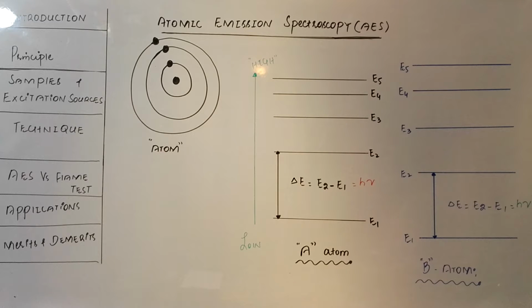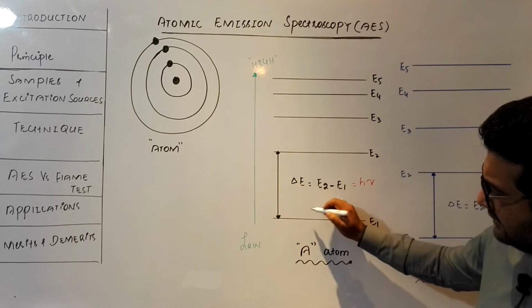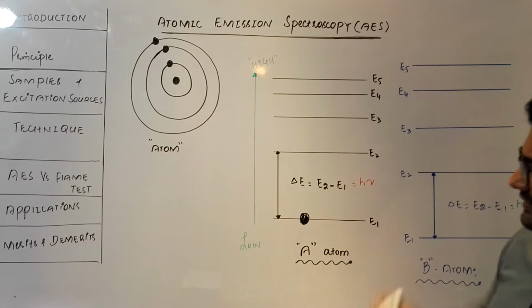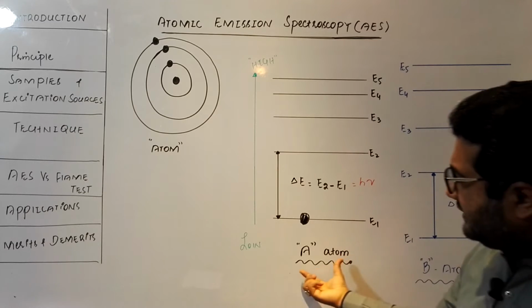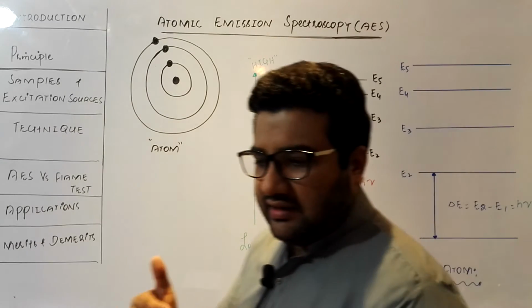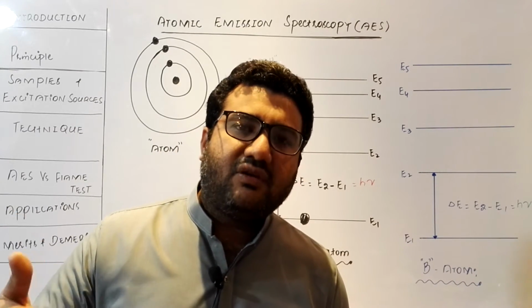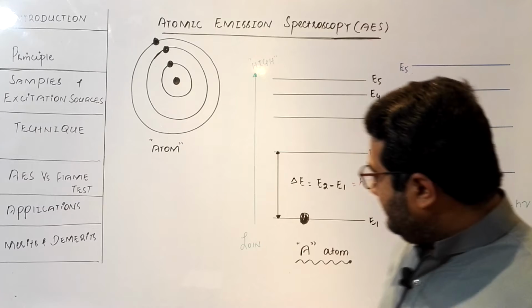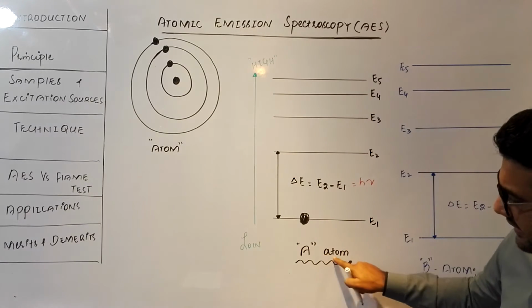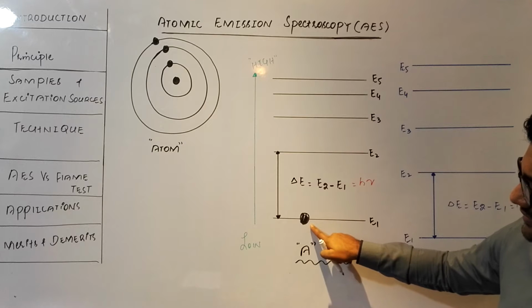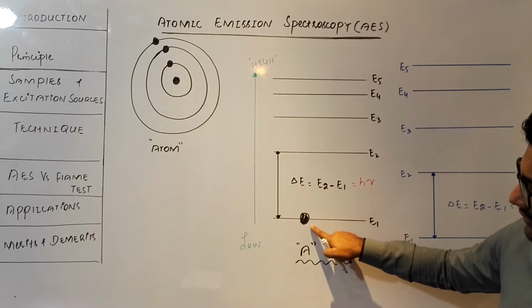Now, what is the principle? Suppose there is an electron here in the first energy level, and you provide energy to this A atom. That energy may be provided in the form of heat or in the form of radiation. When you provide energy to this A atom, that energy will be moved to this electron.